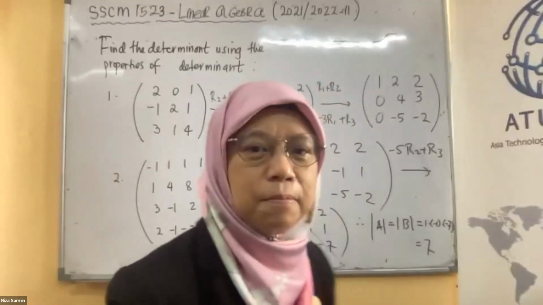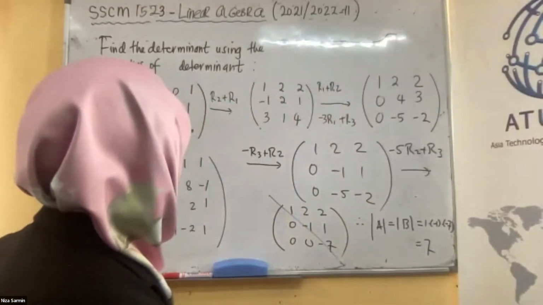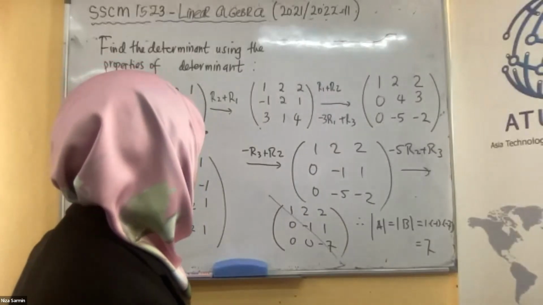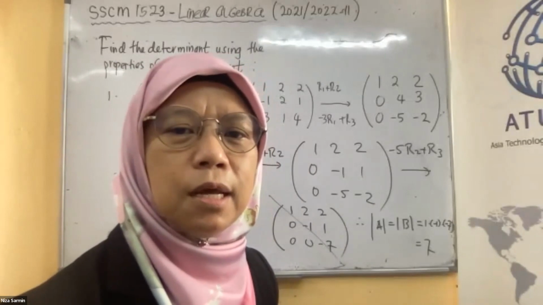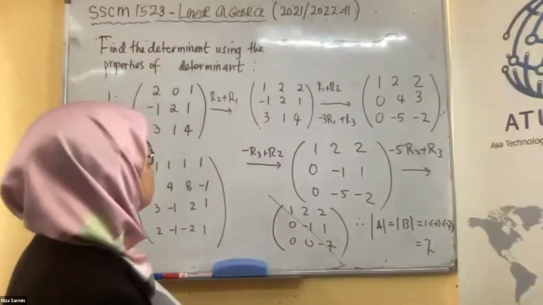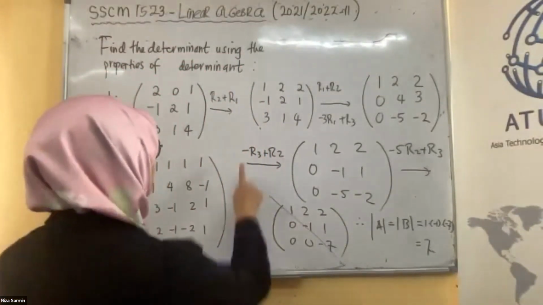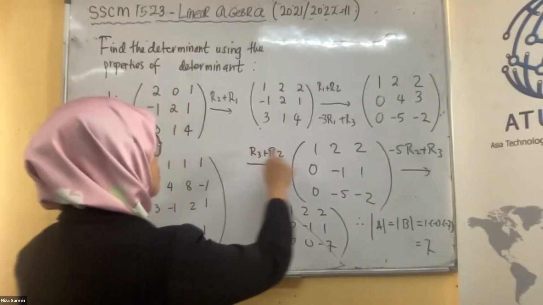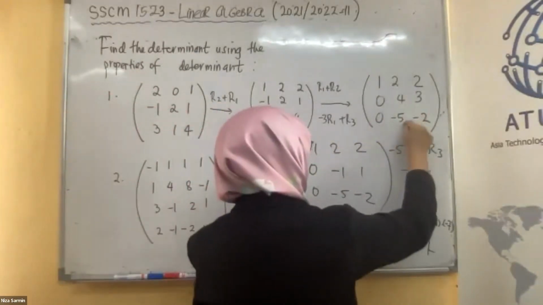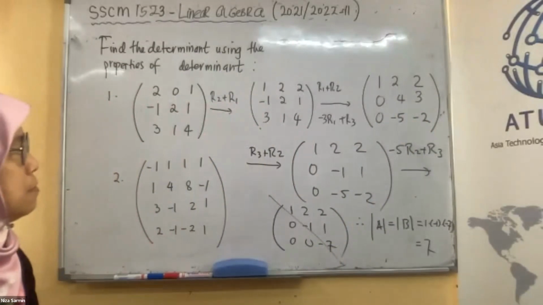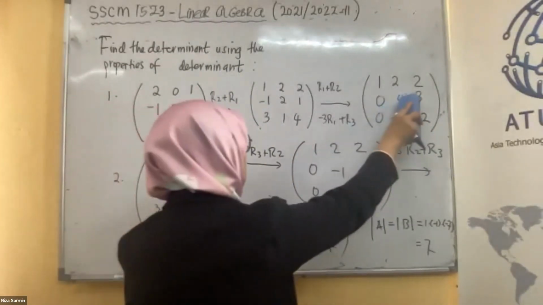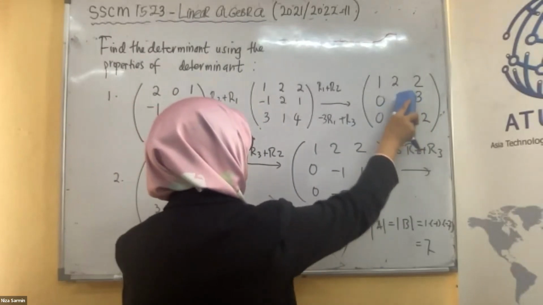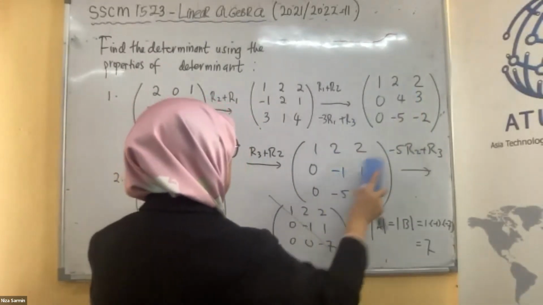Oh, ada silap kira. Ada silap R3 plus R2. Oh, this one, yeah. Ni, I just add. Betul? Okay, R3 plus R2. This plus this, so I get negative 1.